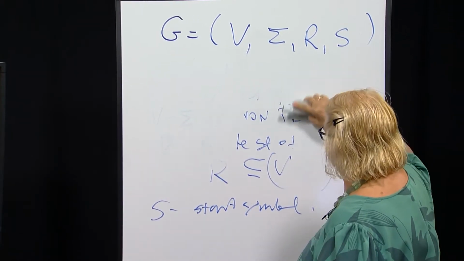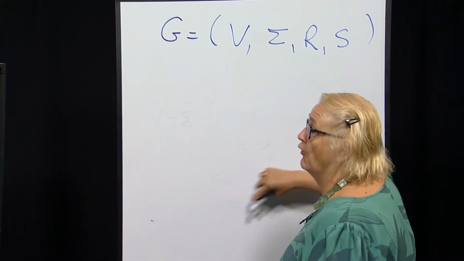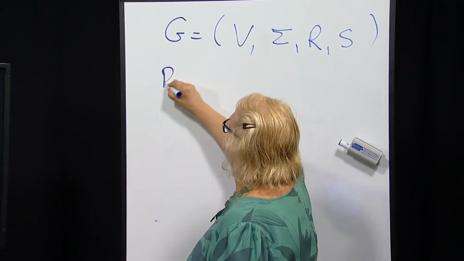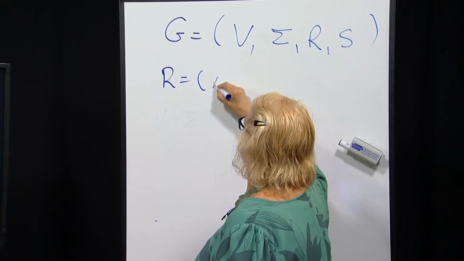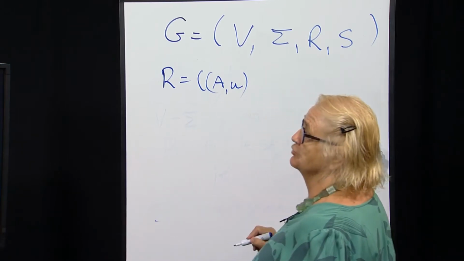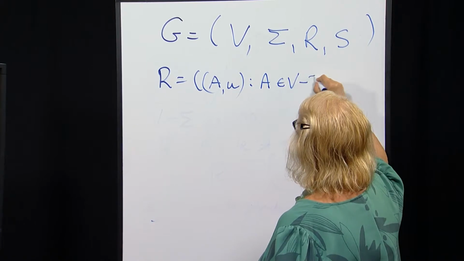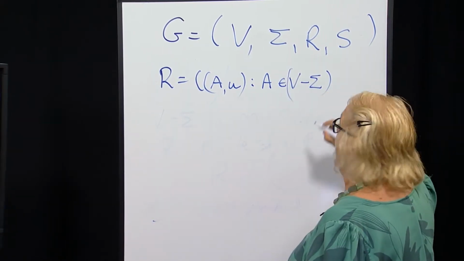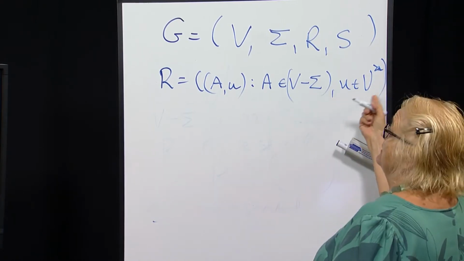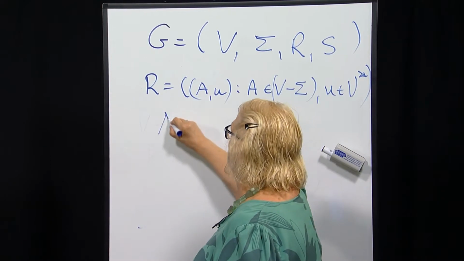Now the rules are, formally, a set of tuples (A, U), because it's a two-argument relation, where A is a non-terminal and U is a string of terminals and non-terminals. So how do we write it?